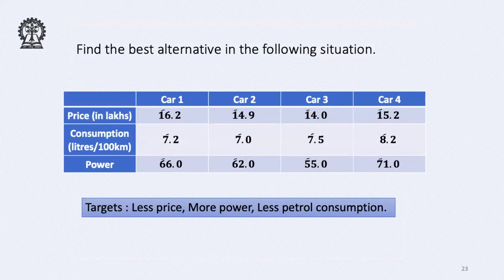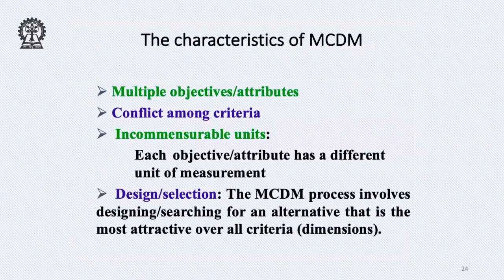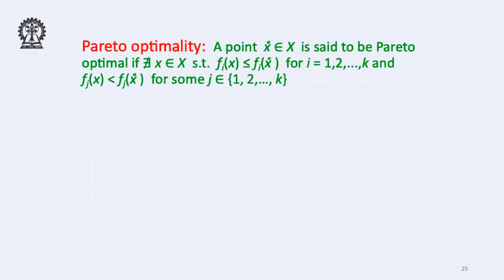Finding a solution is again a difficult task here. That's why in multi-criteria decision making, we have multiple objectives, conflicting criteria, incommensurable units. That means attributes and objectives are measured on different scales, and we have to design the whole situation. That is the problem for us.